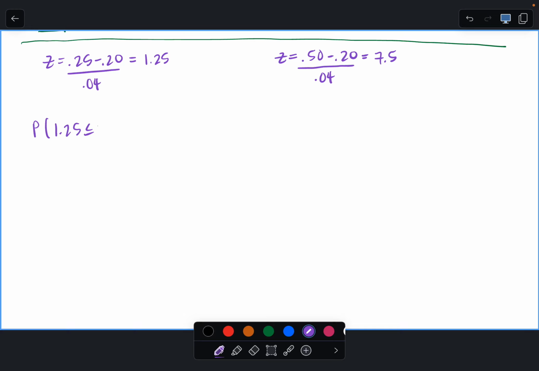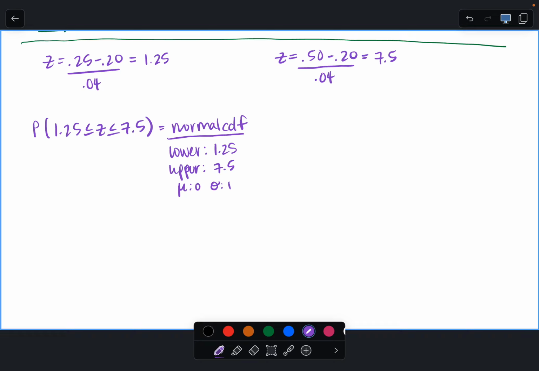So I'm going to go in z 7.5. If you're doing this in your calculator, which most of you will be because we don't use the tables, you do have to write out normal CDF, and you do have to label your values. So 1.25 lower, 7.5 upper. If you're using z-scores, it's always 0 and 1.